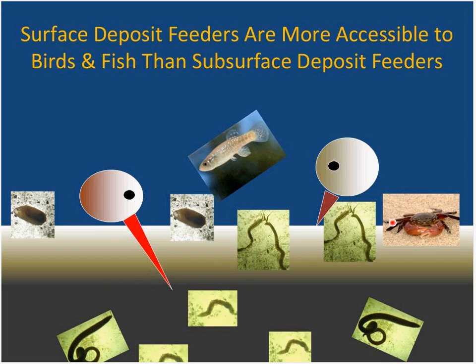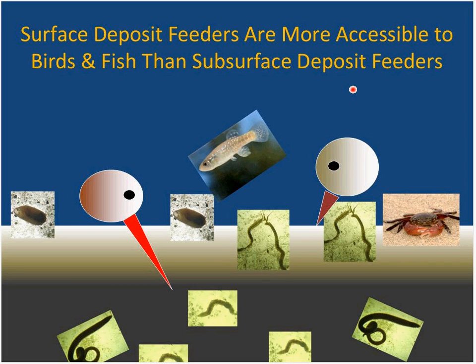Because of this, they're really readily available to birds of different sizes. You can see my little bird with its little bill, or a larger bird with a larger bill. They're available as prey for fish and crabs and sometimes even stingrays.